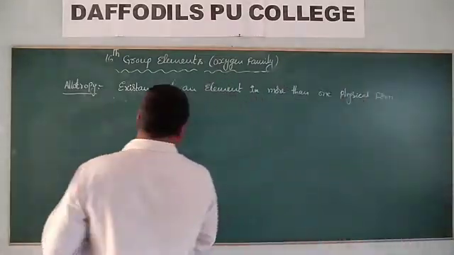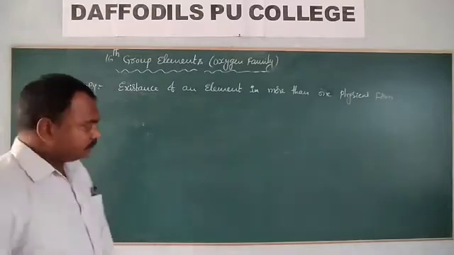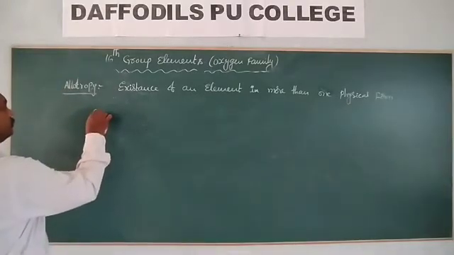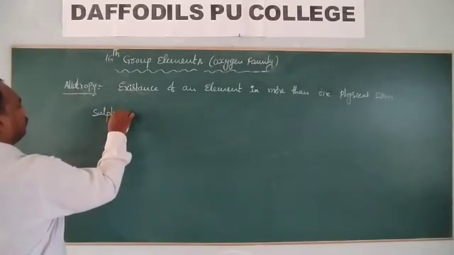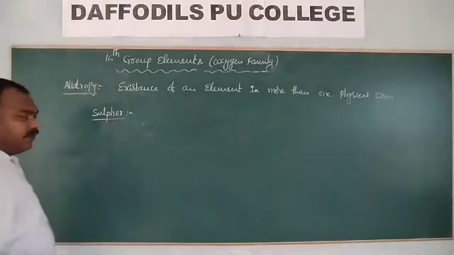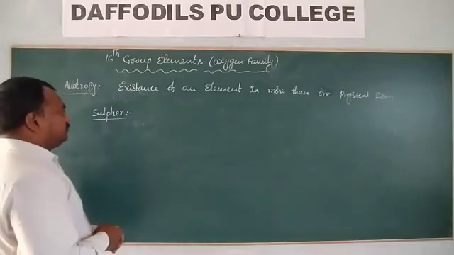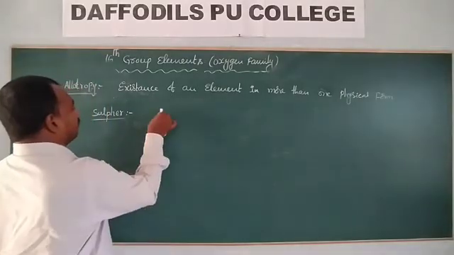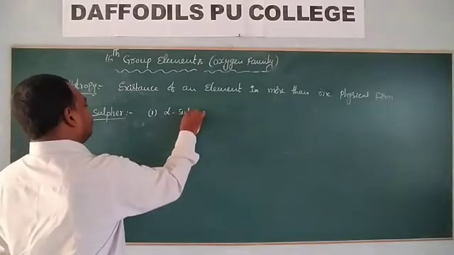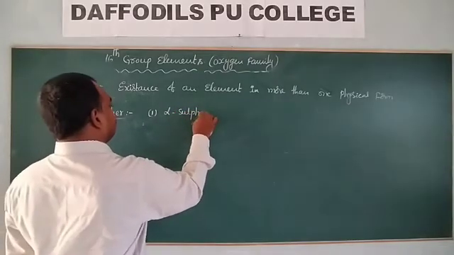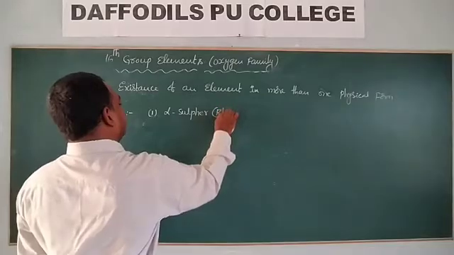Next element is sulfur. Sulfur has a number of allotropic forms. Number one, alpha sulfur, also known as rhombic sulfur.